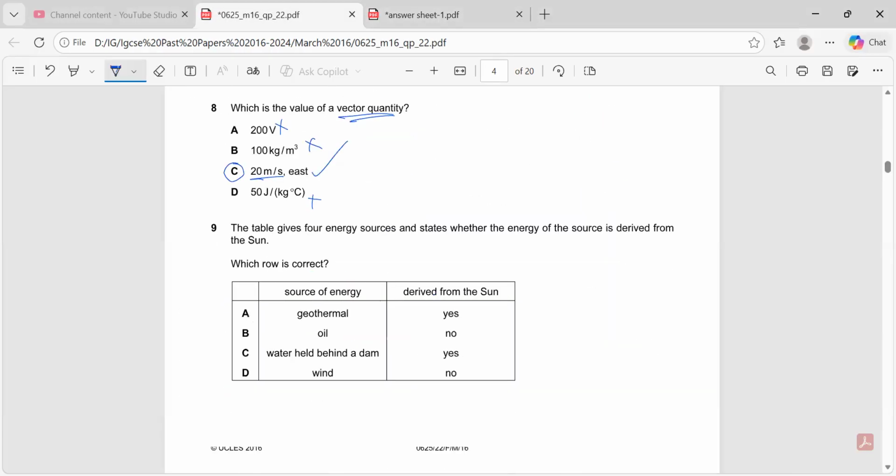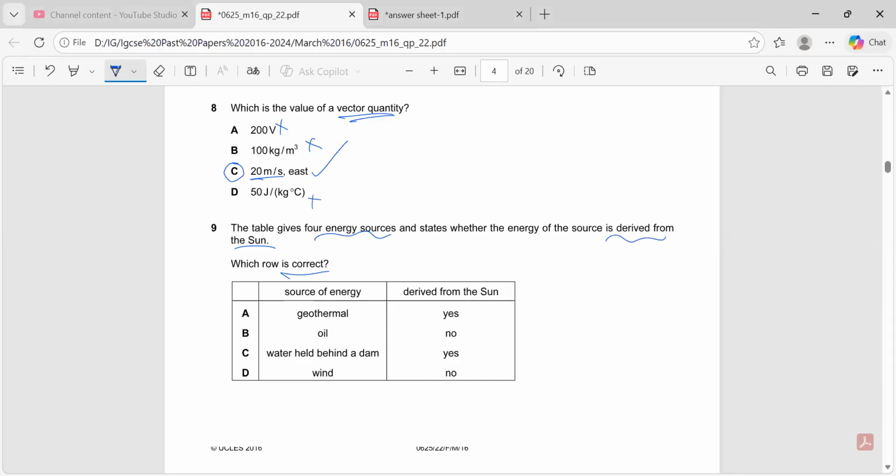Then question number 9. The table gives four energy sources and states whether the energy source is derived from the sun.